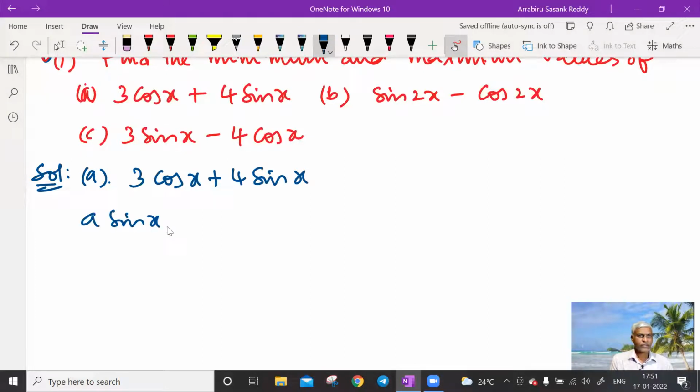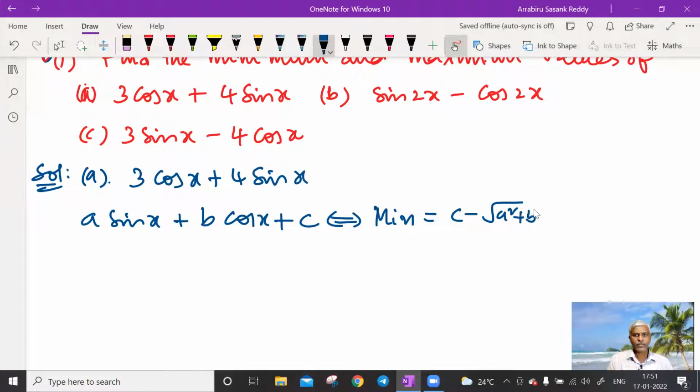For a sin x plus b cos x plus c, the minimum value is c minus under root a square plus b square, and the maximum is c plus under root a square plus b square.